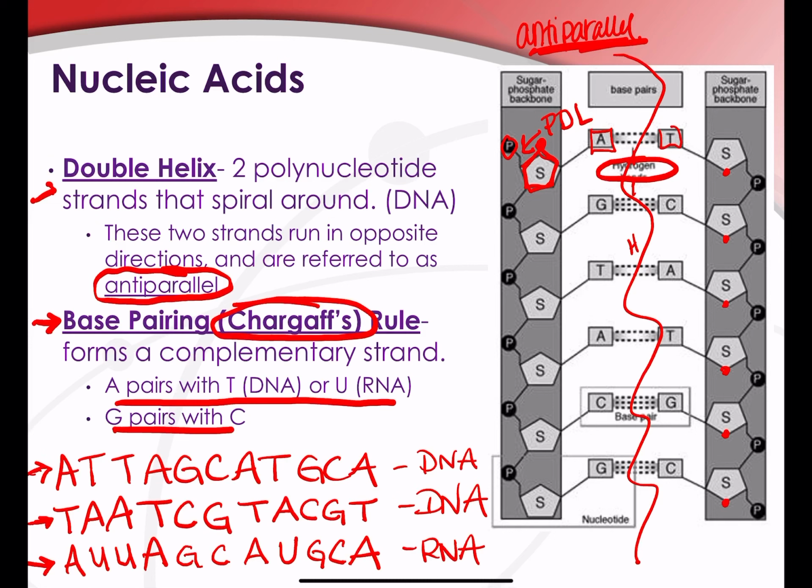The sugar, so we've got deoxyribose versus ribose. The bases, we've got A, T, G, and C in DNA, and then we've got A, C, G, and U in RNA. And then, the single strand in RNA, the double strand in DNA. Those are the 3 main differences between DNA and RNA, which are our nucleic acids.